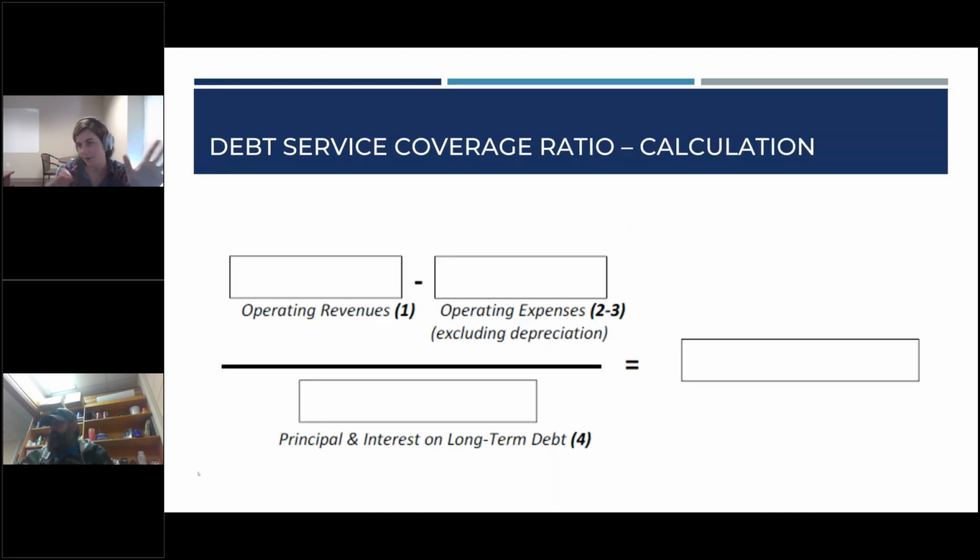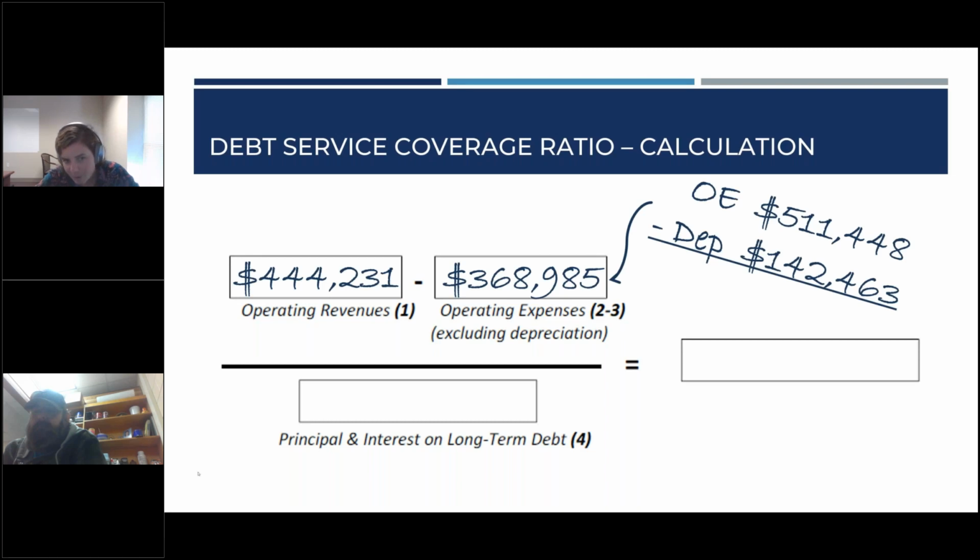Okay, we're going to need to harken back to some of the numbers that we talked about before, from the statement of revenues and expenses. We'll need the operating revenues, we'll need the operating expenses, and that depreciation value so that we can subtract it out. And then we'll need the numbers that we just pulled from cash flows. So let's go ahead and do some math here. Operating revenues, if you can remember, 444,231.